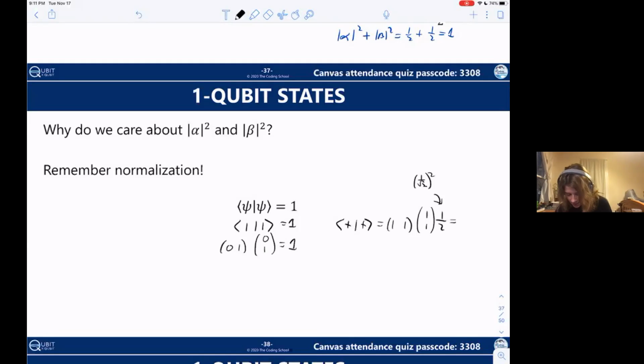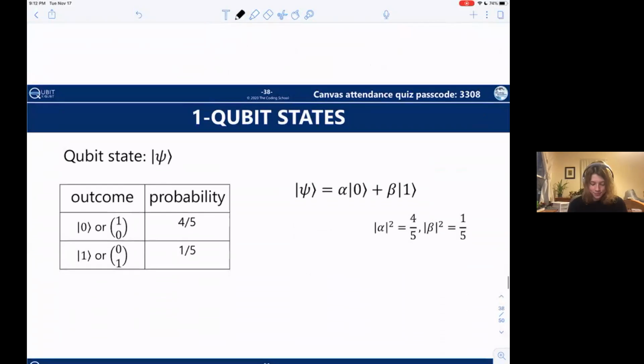And that just gives us our 1 plus 1 over 2 equals 1. And so this all works out. With our minus state, we can have negative probability amplitudes, but because we square them, they end up becoming functionally positive, and we end up with everything still being normalized correctly, as you would expect.